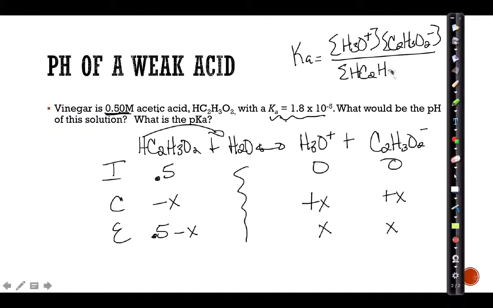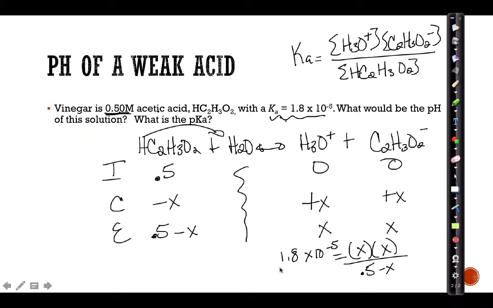Don't include liquids or solids. All right, so let's plug it in. Ka is 1.8 times 10 to the negative 5th. Hydronium is X. Acetate is X. And acetic acid is 0.5 minus X.